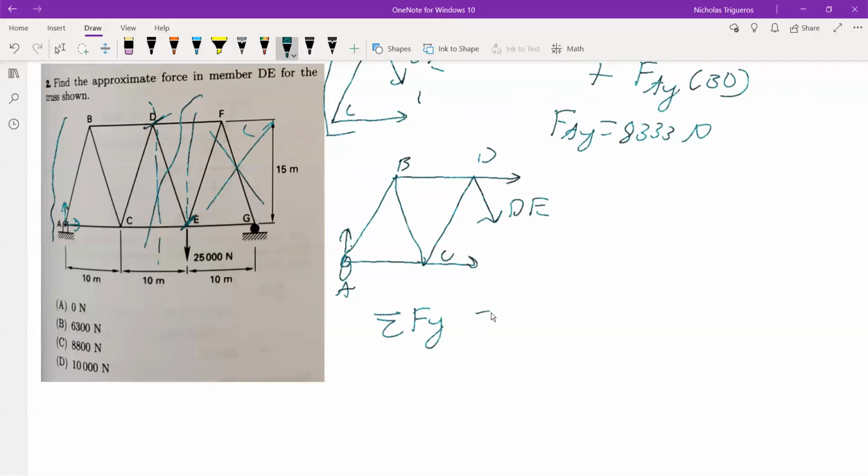Yeah. So in that case, we can actually get DE from this. Sum of the forces in the Y, positive 8,333 plus DE. Now, what is this angle? What angle are we looking at? We have that angle. 10.